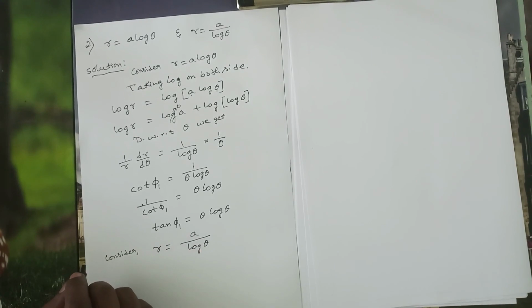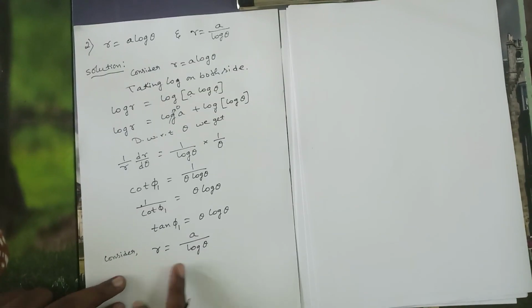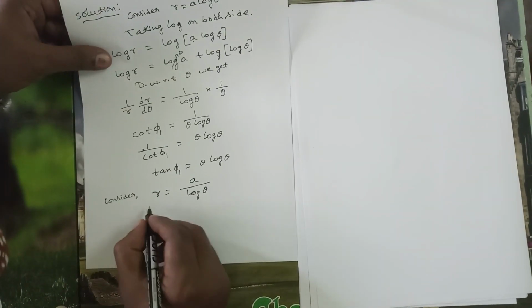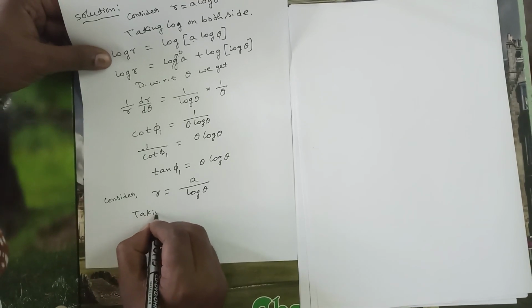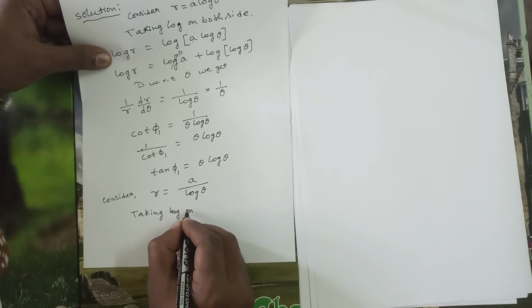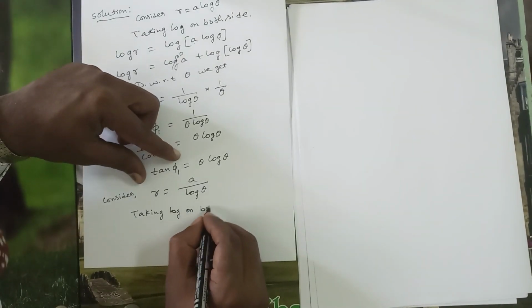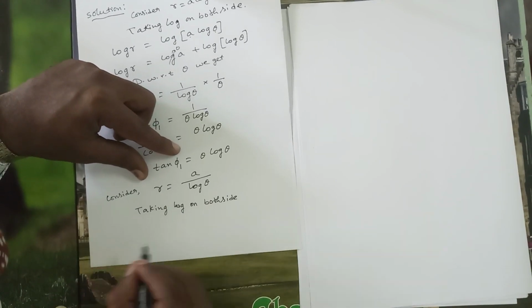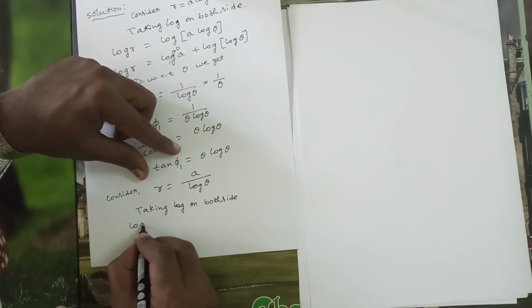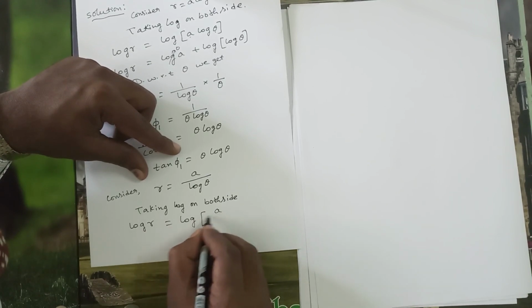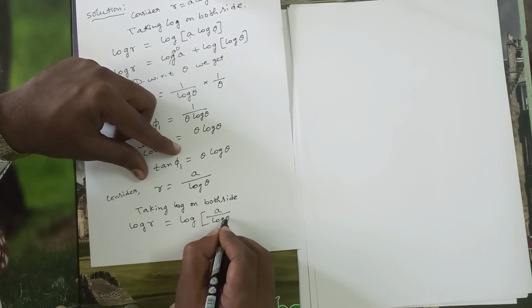Now taking log on both sides, what do you get? Log r equals log of a divided by log theta.